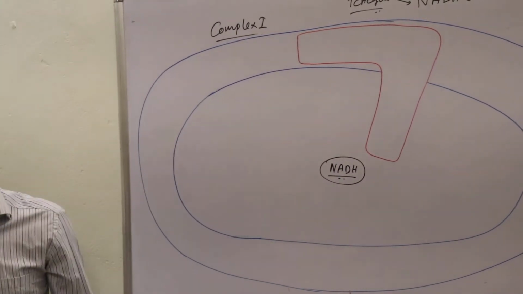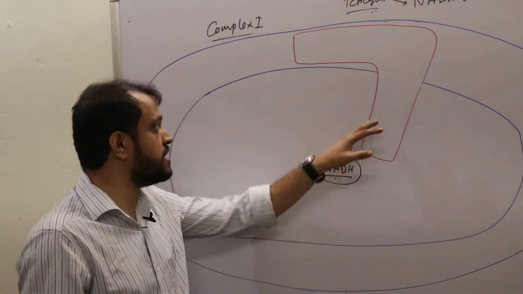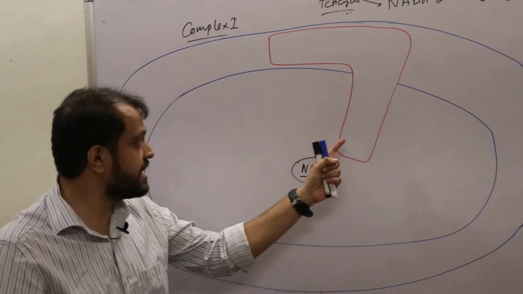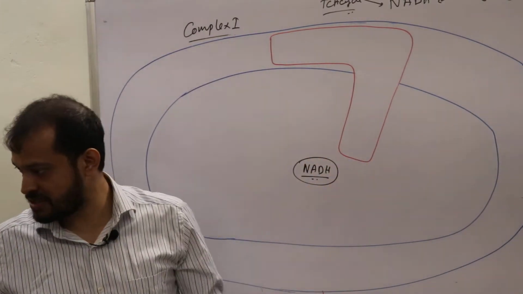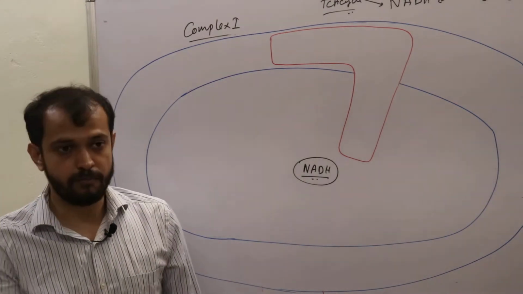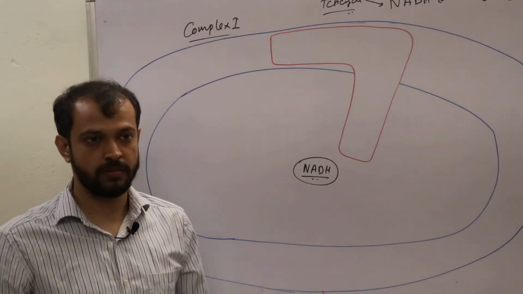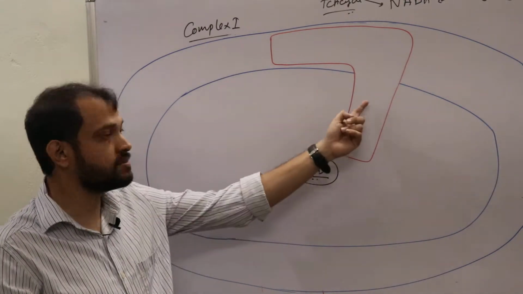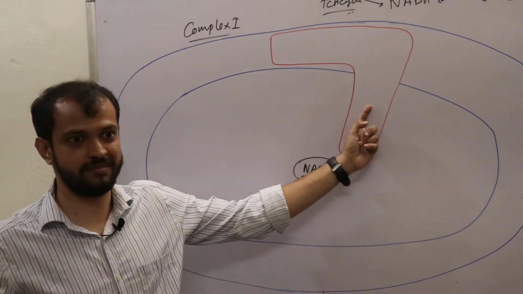Now, the main characteristic of this particular protein is that it will be turned on with the help of 2 electrons. That means 2 electrons will switch on this particular protein, not 1.